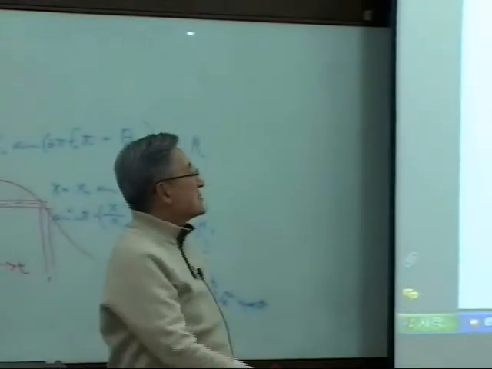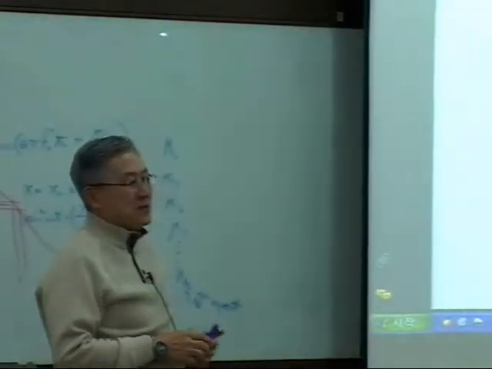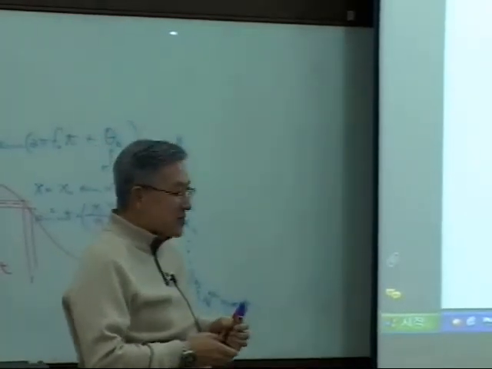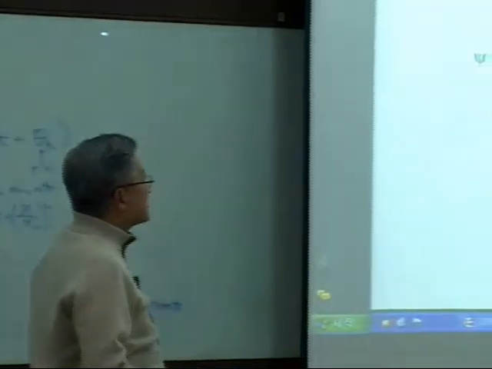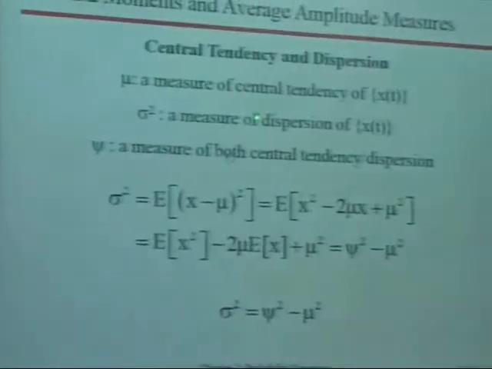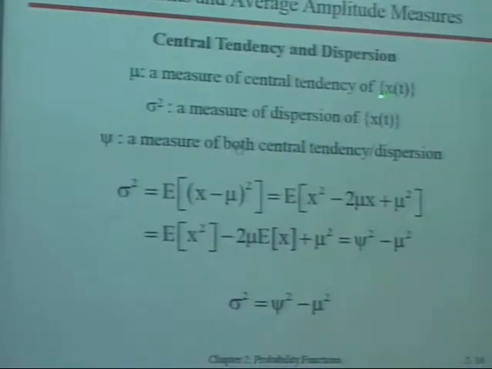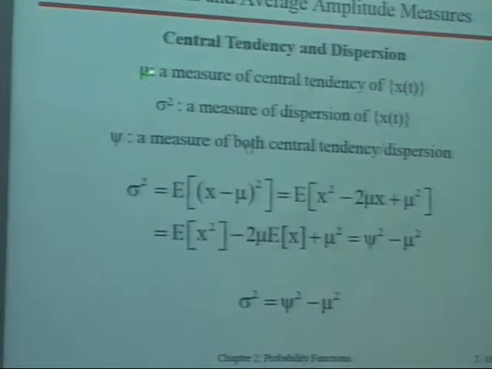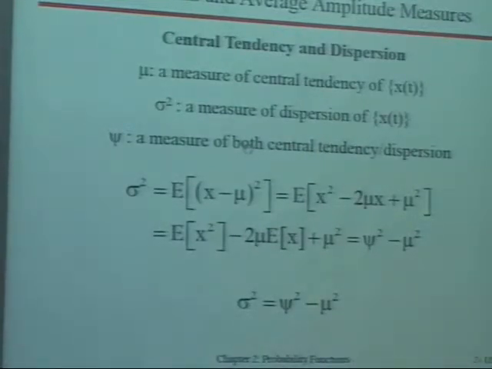Okay. So now special rules are here: central tendency and dispersion. Mu is a measure of the central tendency of ensemble X. This is the mean; we are looking for the mean value.